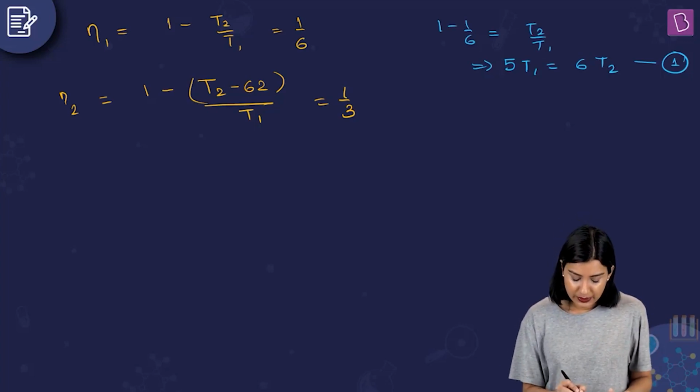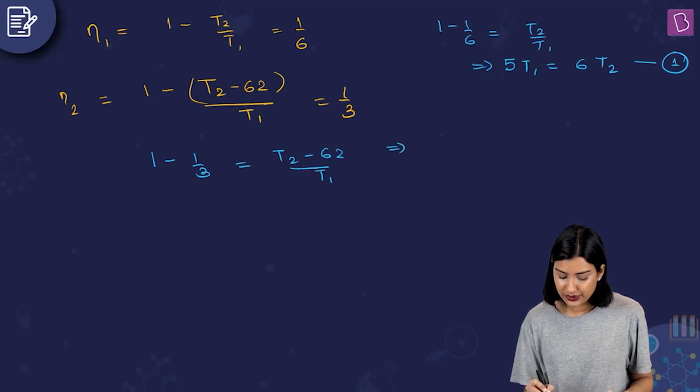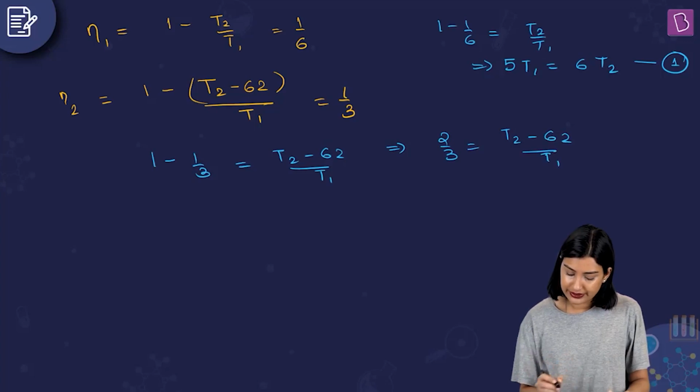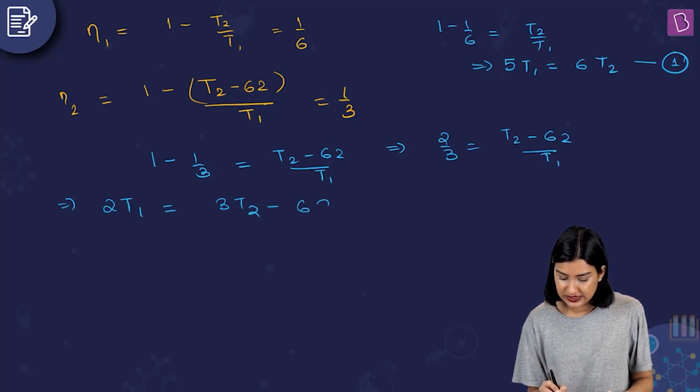So, let's see what we have here. We have 1 minus 1 by 3 is equal to (T2 minus 62) by T1. So what do you get here? You get 2 by 3 is equal to (T2 minus 62) by T1, or you can write it as 2T1 is equal to 3 into (T2 minus 62).